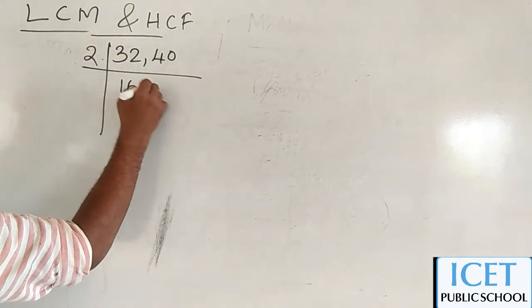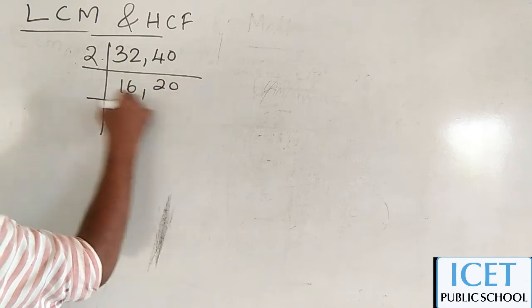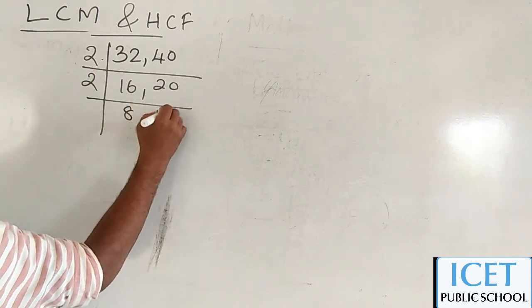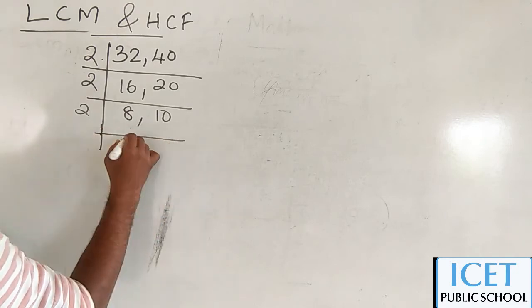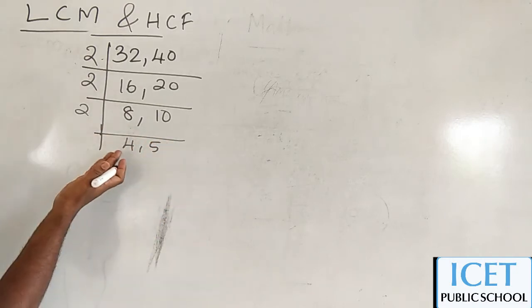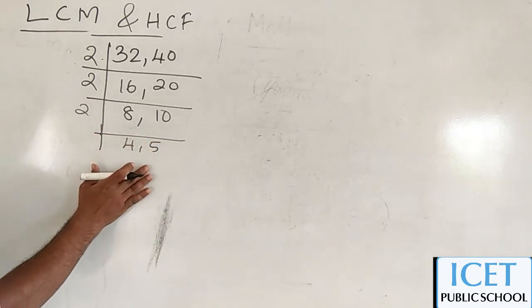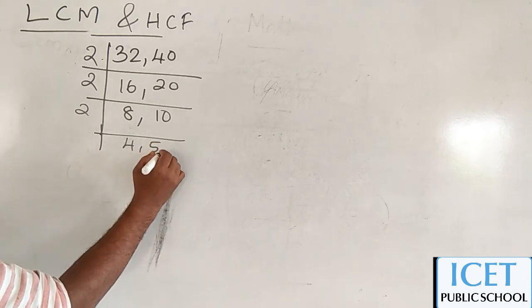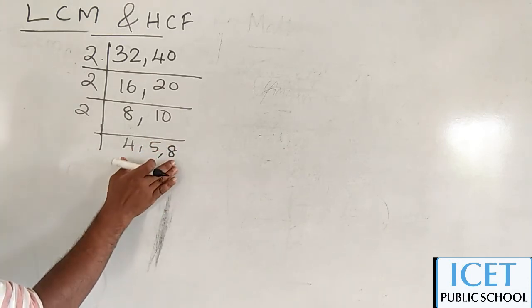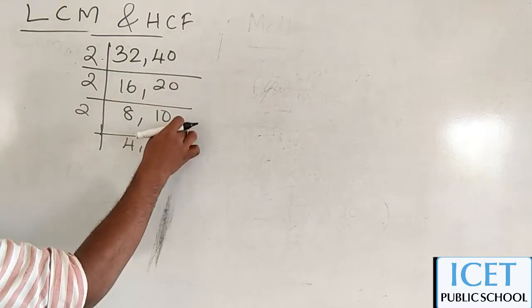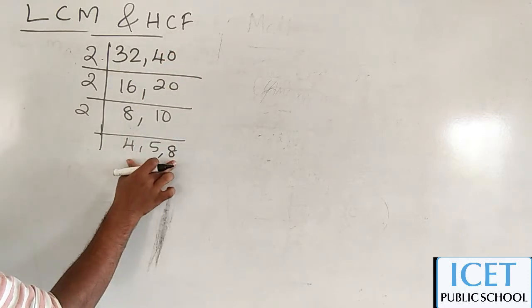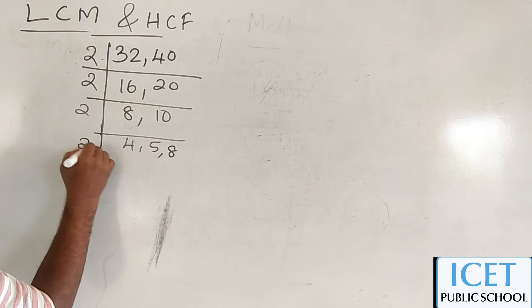2 is that 16, 20 by 2, 8, then 10 by 2, 4, 5, again no common factor. So we can stop here. If there is one more 8, suppose if 3 numbers are there, one more term will be there. That time we can again divide by 2.